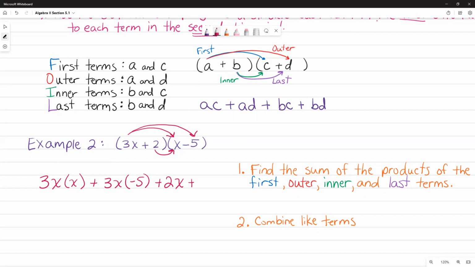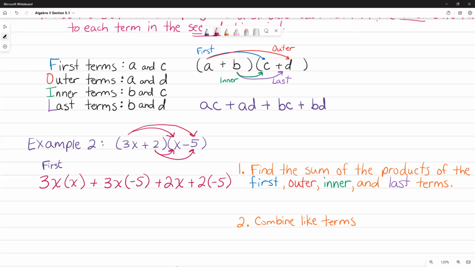So what's the last term in the first binomial? So 2 times -5. Yep. So these are my first terms in each binomial.